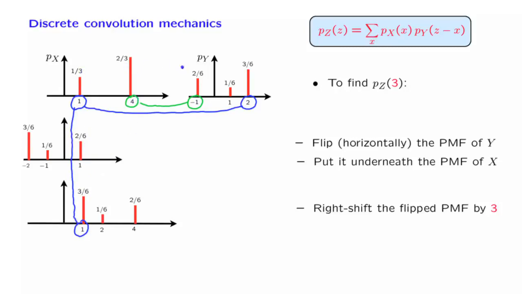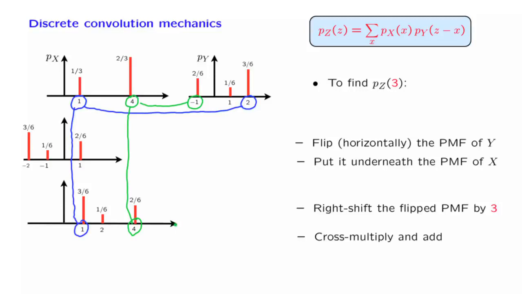Similarly, the multiplication of 2/3 with 2/6 corresponds to the multiplication of this probability here times the probability of this term here. So when the diagrams are arranged this way, then we have a simpler job to do. We look at corresponding terms, those that sit on top of each other, multiply them, do that for all possible choices, and then add those products together. And this is what we do if we're shifting by 3.